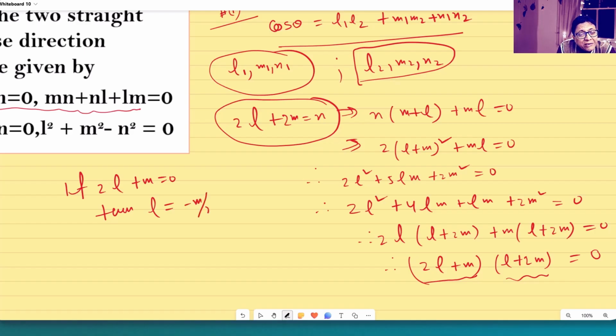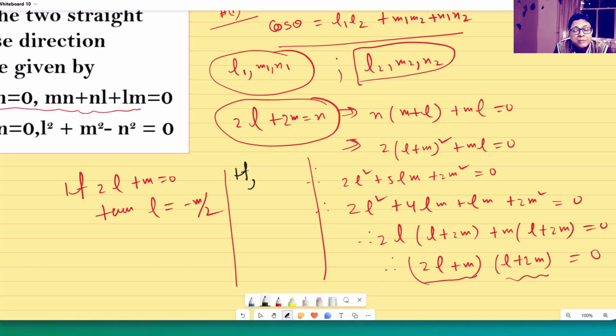So it talks about one line. And the second one, if L plus 2M equals 0, then L equals minus 2M. Or you can write L by minus 2 equal to M by 1.